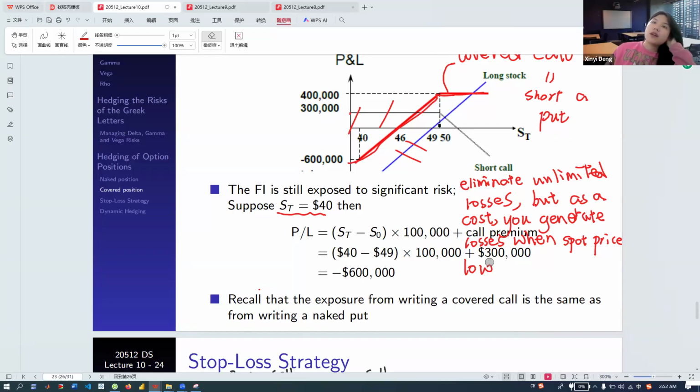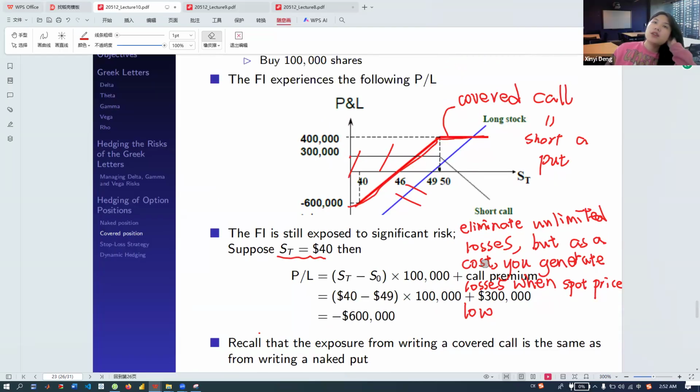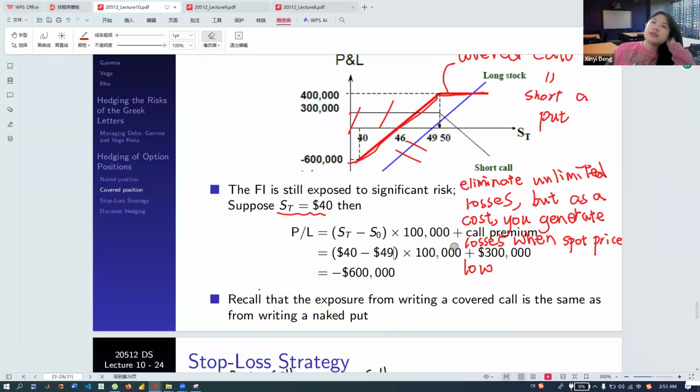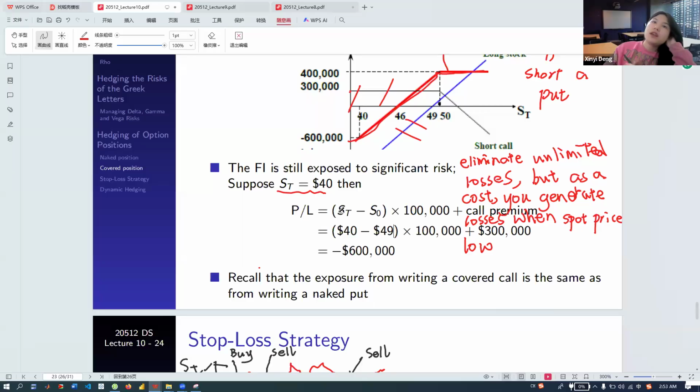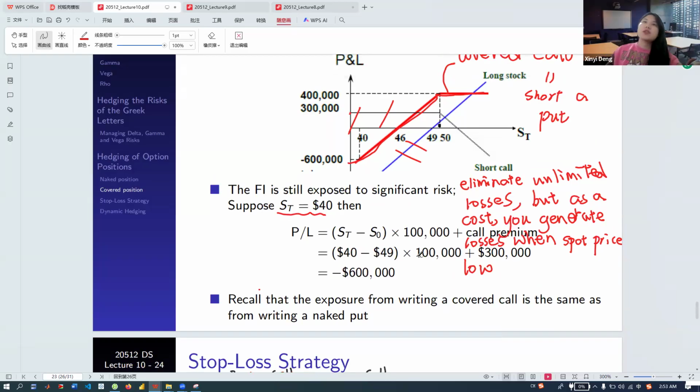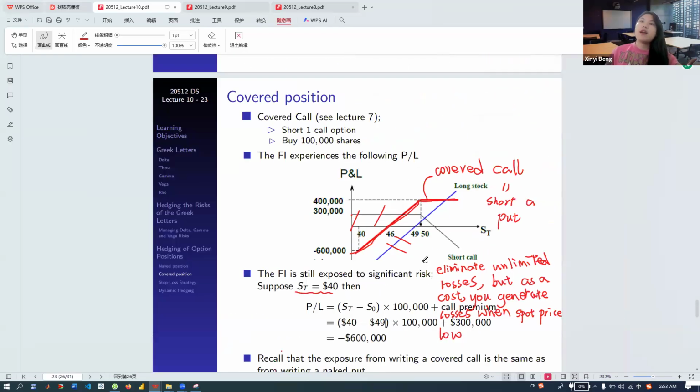And if you do all the calculation and add the call premium as well, you'll get that the profit and losses associated with this strategy when ST is equal to 40 is minus 600,000. So it's still large, right? We are still generating large losses when the spot price is low. So this strategy is not that desirable as well.